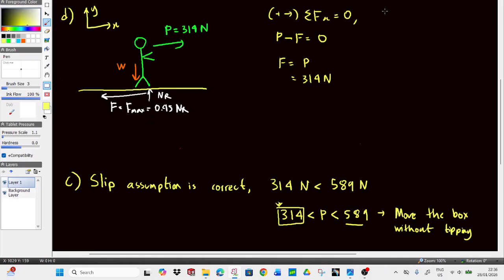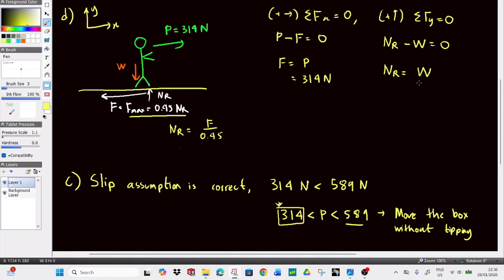Then if we take our summation of Fy equal to 0, NR minus W equals 0. We know that F is equal to F max, or 0.45 NR, so NR is simply F over 0.45. In other words, NR equals W, and W equals mg, so F over 0.45 equals mg.